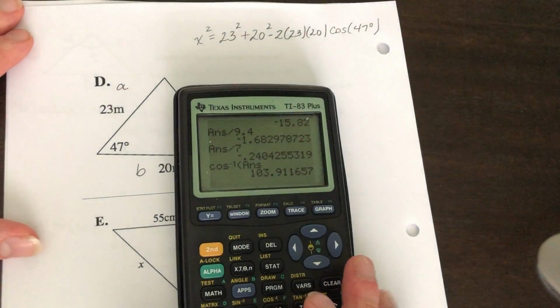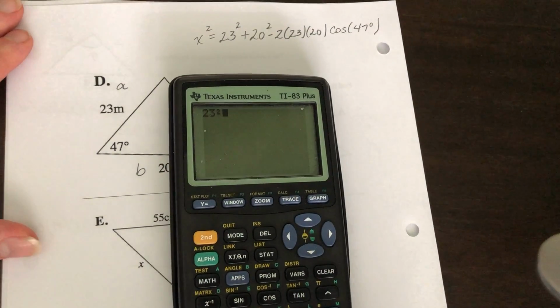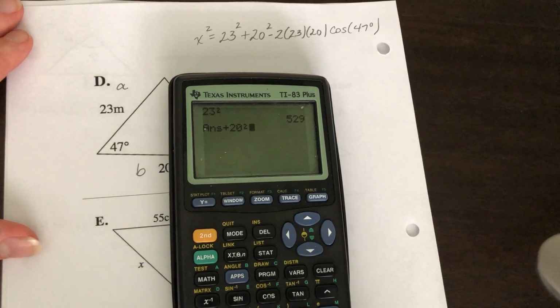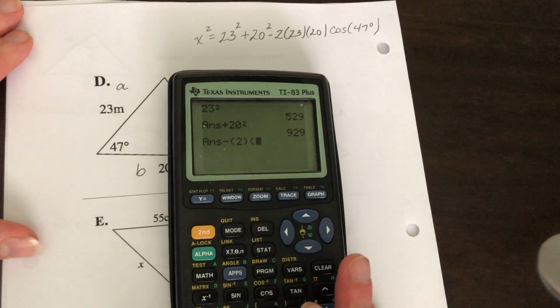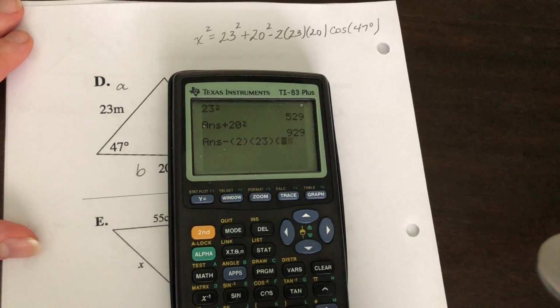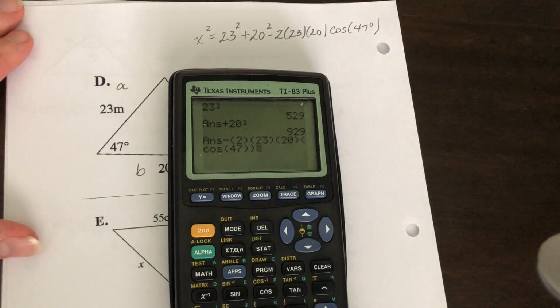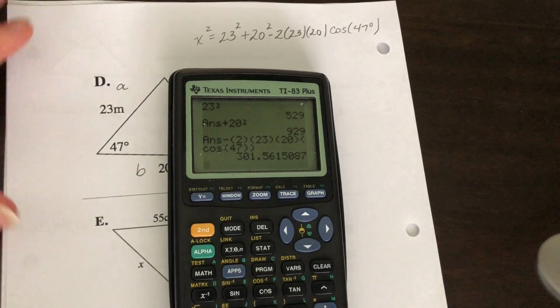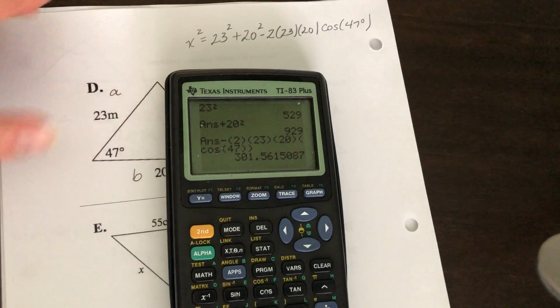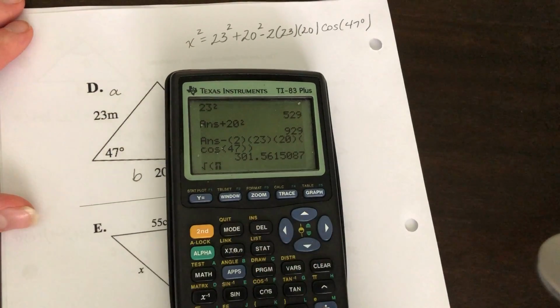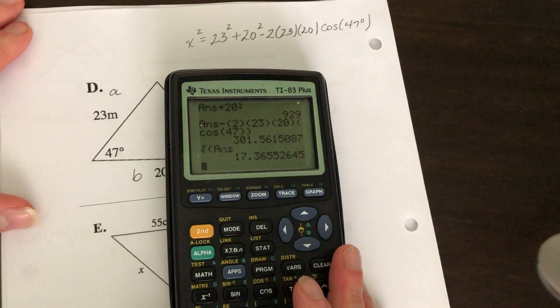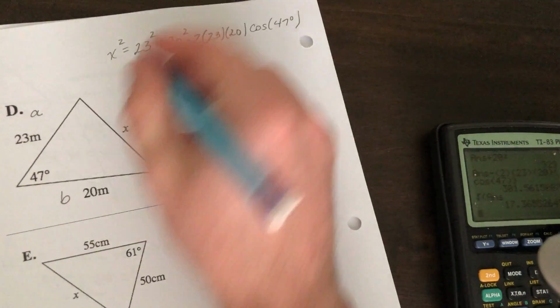Okay, so we're going to put it in the calculator. So we're going to do 23 squared plus 20 squared minus 2 times 23 times 20 times cosine of 47. Use parentheses like I did. Okay, now that's squared. So we got to get rid of it. So we're going to square root the answer. We get 17.366.